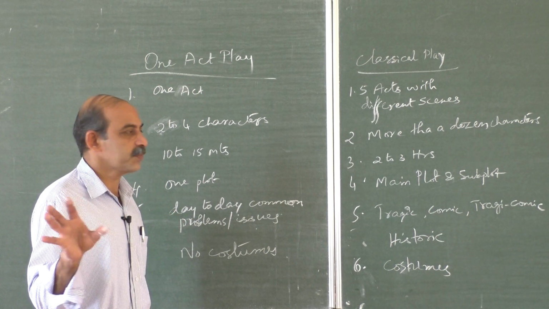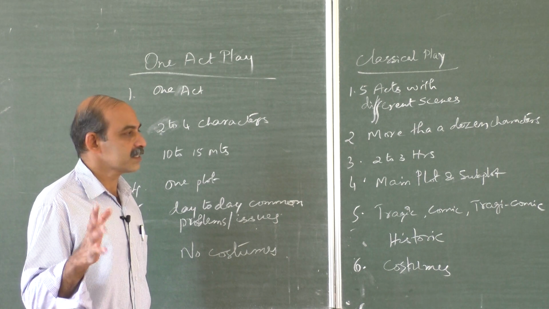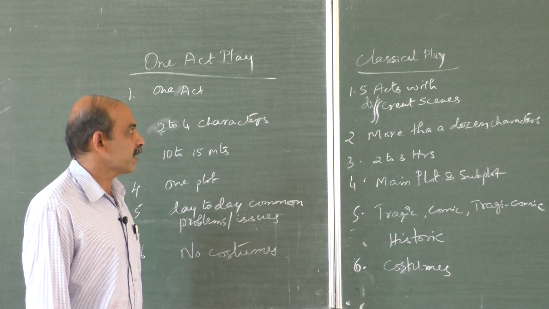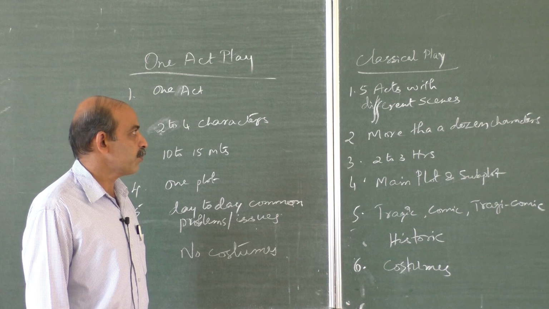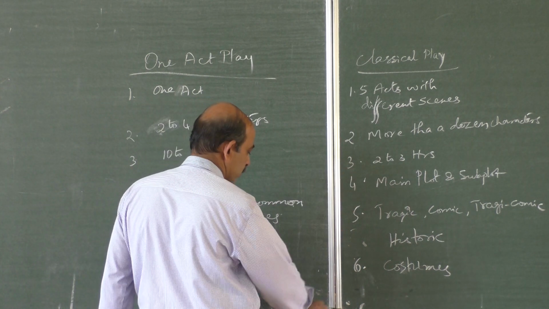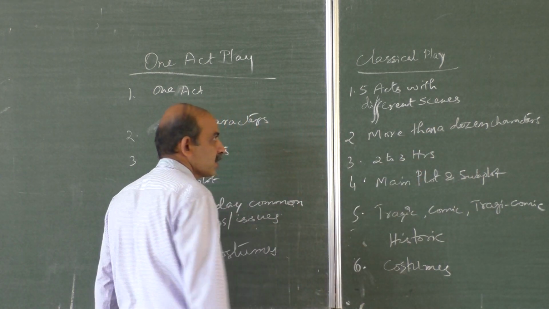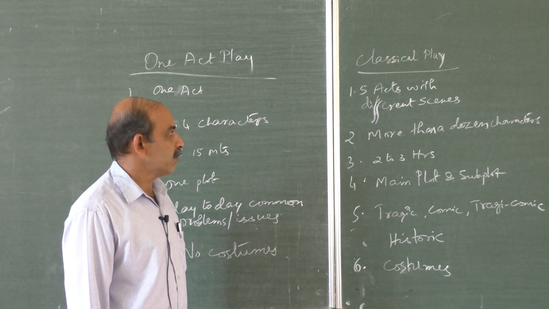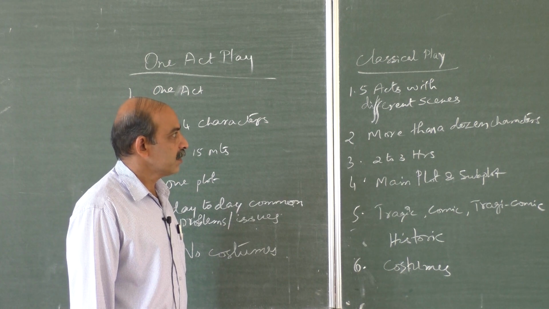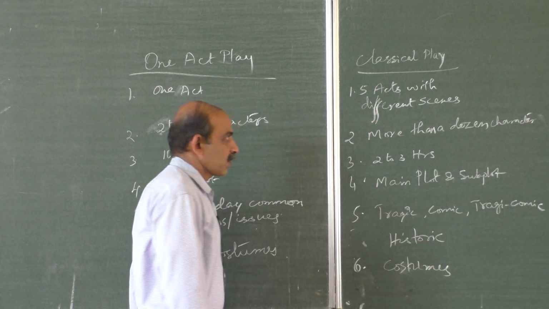If you think of Shakespearean dramas or Christopher Marlowe's dramas, you can understand the same point. Second point is that more than a dozen characters are available in all classical plays.